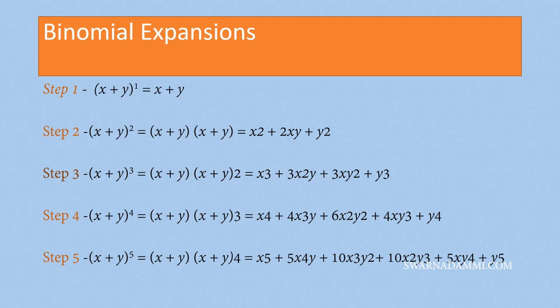That means when we get the expansion of x plus y, the answer is x plus y. In step 2, (x plus y) squared, I have expanded as (x plus y) with (x plus y). As a result, the answer is x squared plus 2xy plus y squared.